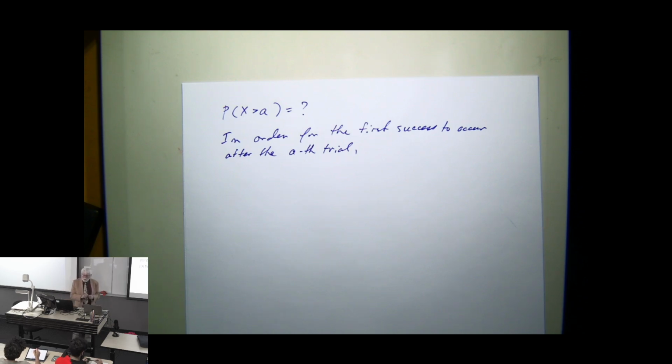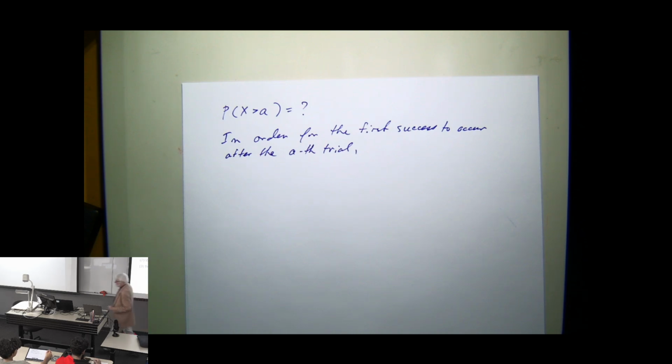The number 3, what's the probability it will take at least 8 tosses to get the first 5 or 6? If it takes at least 8 tosses to get the first 5 or 6, what must have happened for the first 7 trials? We failed every time, right?